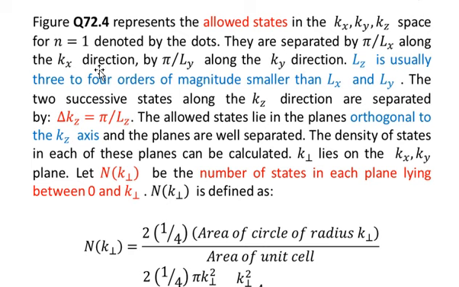Lz is usually 3 to 4 orders of magnitude smaller than Lx and Ly, because Lx and Ly have got larger dimensions in comparison with Lz. The two successive states along the kz direction are separated by delta kz is equal to pi over lz.